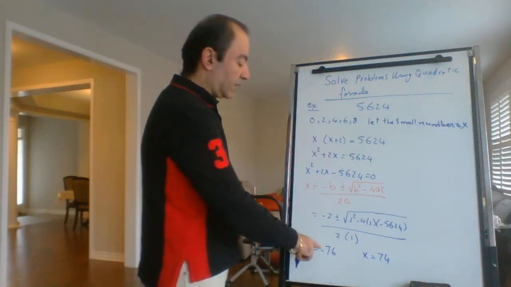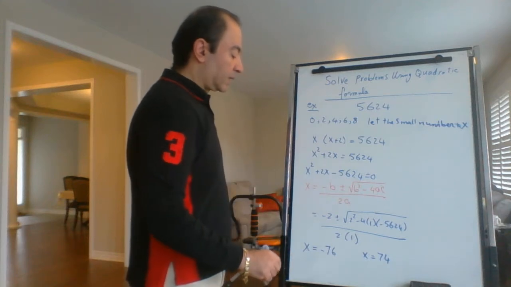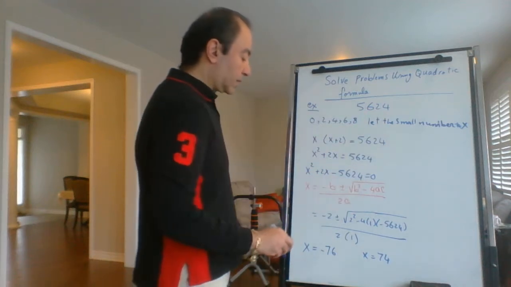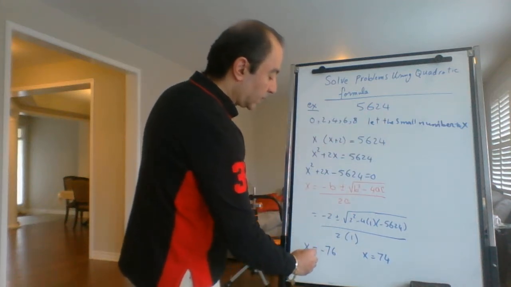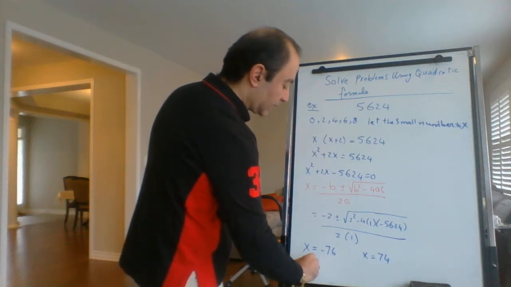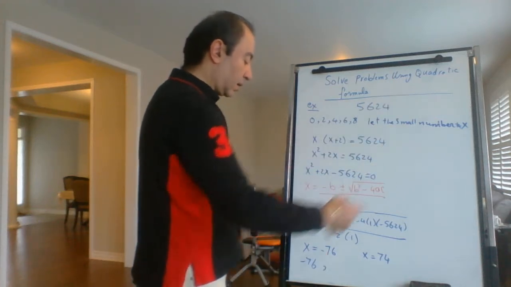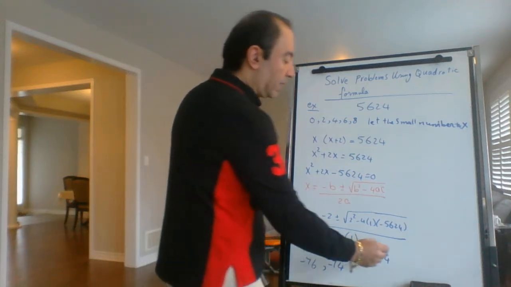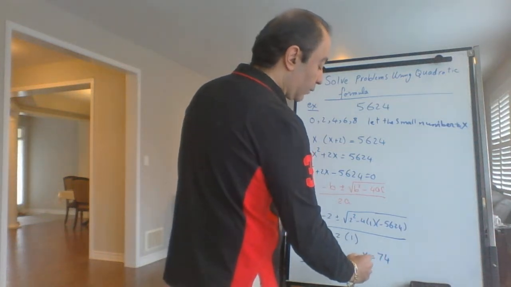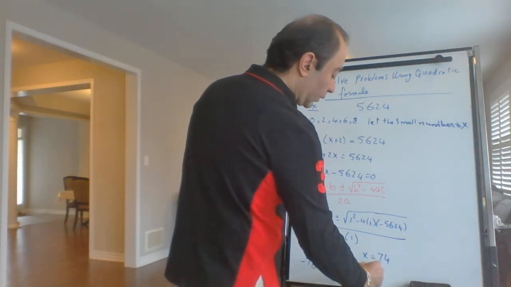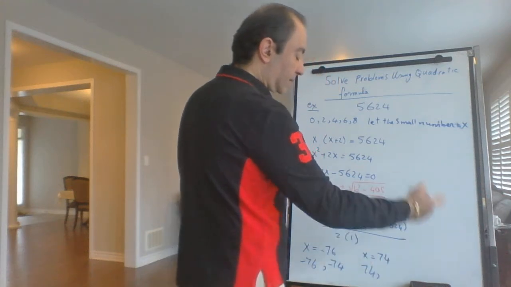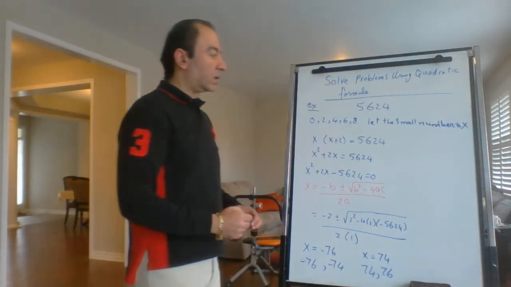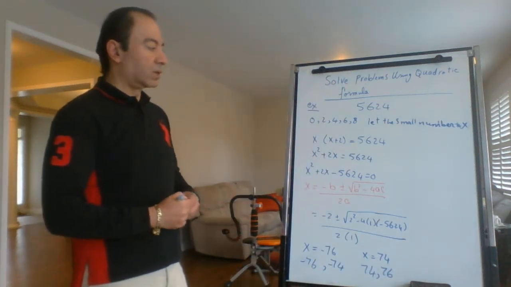If x is negative 76, and this is the smaller number out of these two consecutive numbers, the one that follows it is bigger, we add 2, so that will be negative 74. If x is 74, the next even number is 76. So these are the solutions.